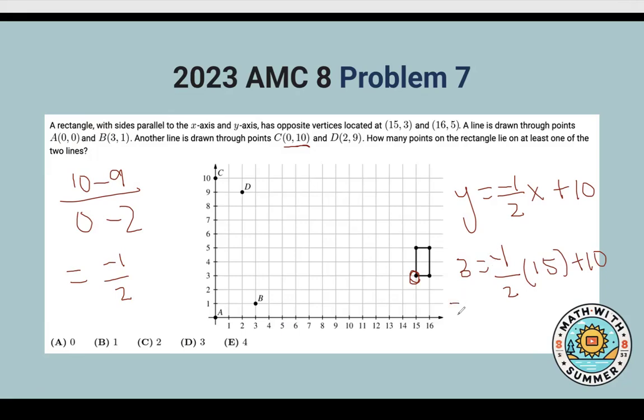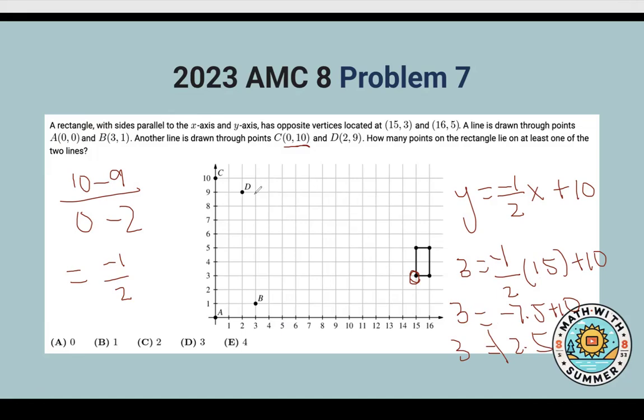We can see pretty quickly that this doesn't work. This is a quick trick, since we know that 15 divided by 2 wouldn't be an integer, so it wouldn't allow this equation to be an integer. But if you want clear proof, 15 over 2 is negative 7.5 plus 10. So this side is 3 and this side is 2.5, which is not equal.